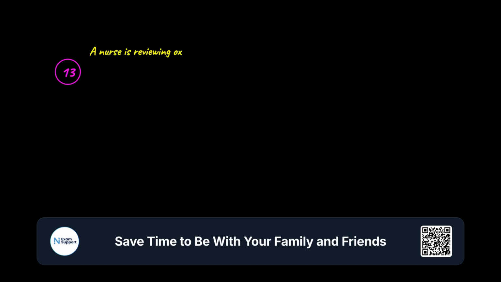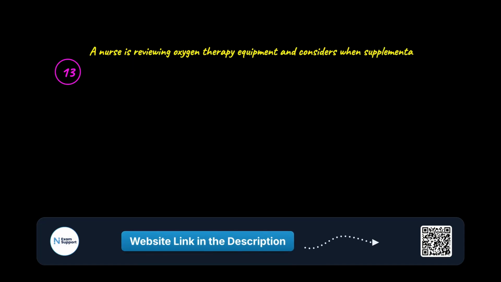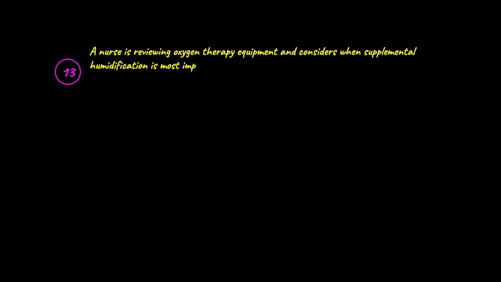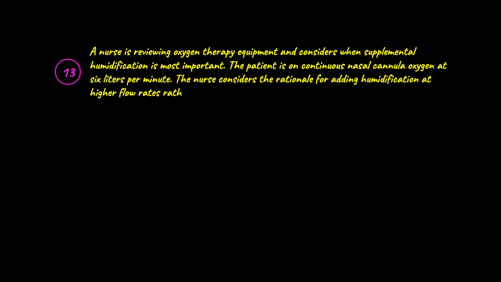Question 13. A nurse is reviewing oxygen therapy equipment and considers when supplemental humidification is most important. The patient is on continuous nasal cannula oxygen at 6 liters per minute. The nurse considers the rationale for adding humidification at higher flow rates rather than relying on dry oxygen for prolonged therapy.